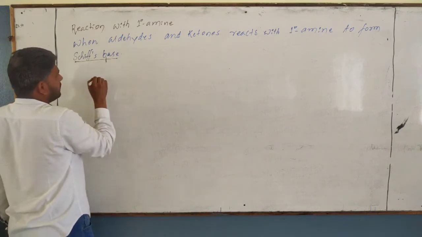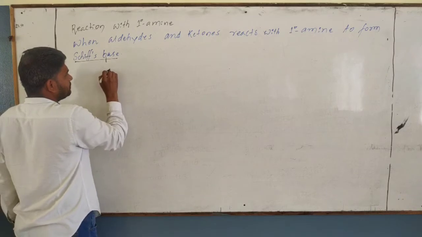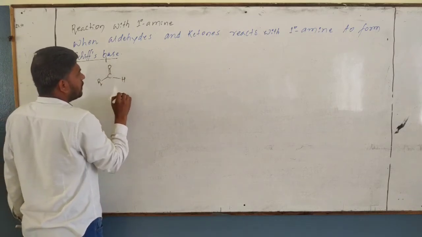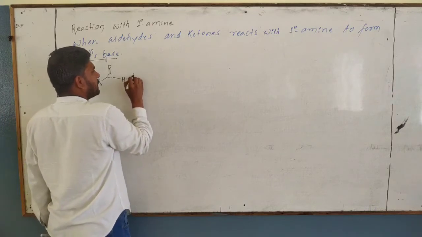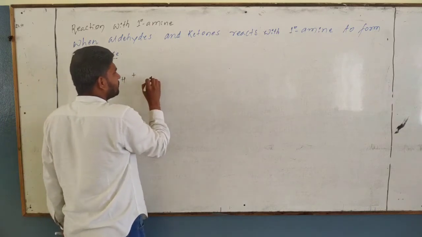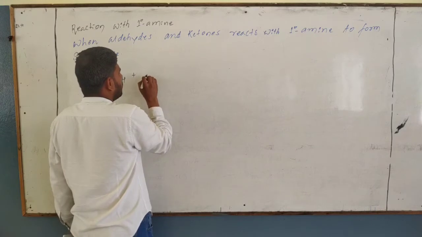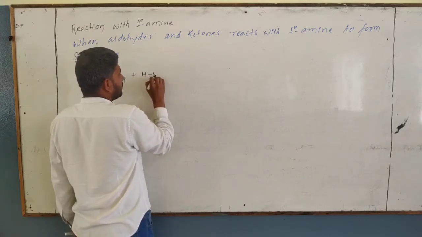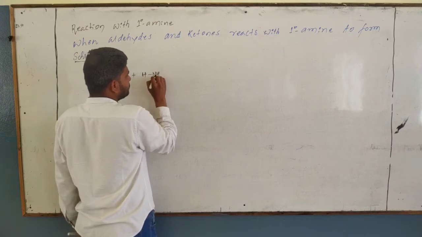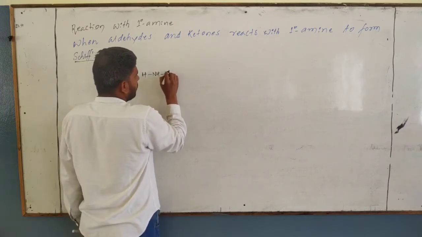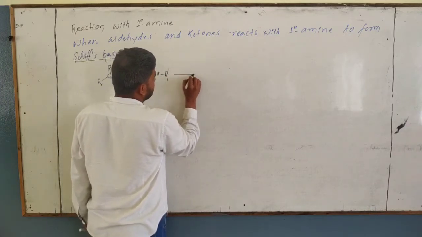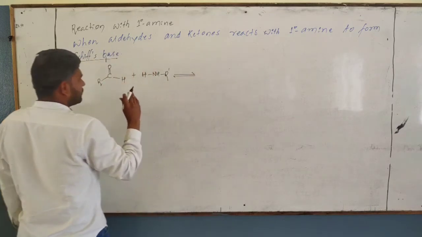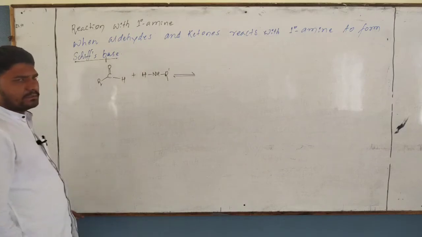See, first take an aldehyde. It reacts with a primary amine. I can write primary amine like this: RNH2, R prime, just to differentiate the alkyl groups of the primary amine and the aldehyde.